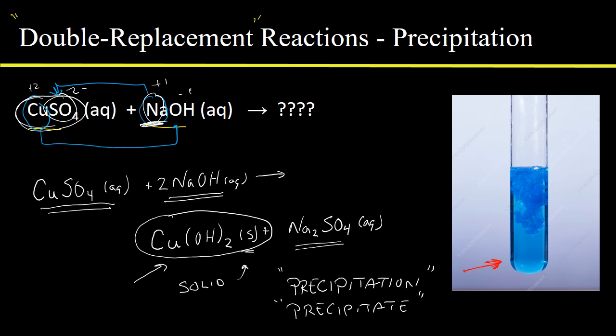But when we mix these two together, this part up here, you can see that kind of chunky stuff. That is the copper hydroxide solid forming where the two solutions mix together. Okay. And that's what a precipitation reaction looks like.